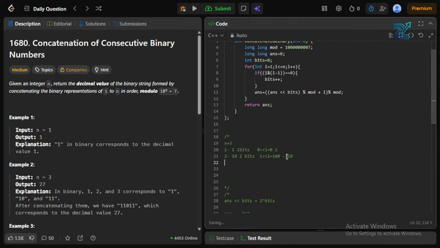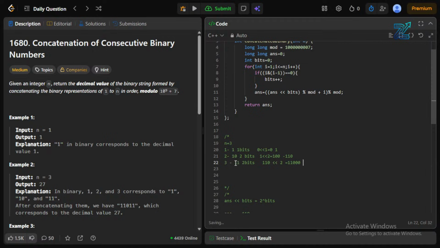Then again i will be incremented to 3. What is the binary representation of 3? That is 11, with 2 bits, right? What does our answer have? 110. So 110 left shift by 2 bits will be equal to 11000.